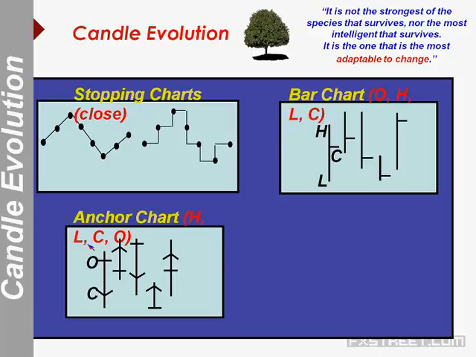And then further on, they added the open price in. So they had 4 data points: open, high, low, and close. And this chart was called an anchor chart, because literally it looked like an anchor, or a ship or boat anchor.